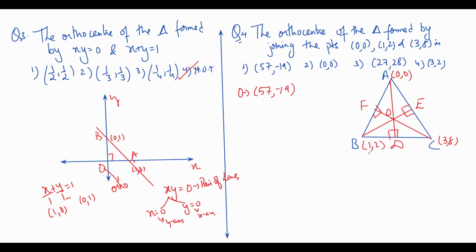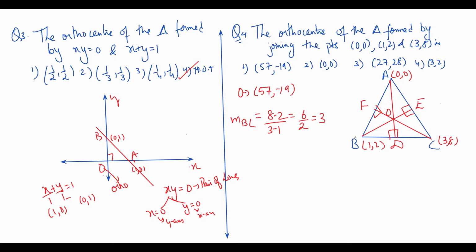First of all, find the slope of side BC. Slope of BC is (y2 - y1)/(x2 - x1), that is (8 - 2)/(3 - 1). This comes out to be 6/2, that is 3. So the slope of BC is 3.